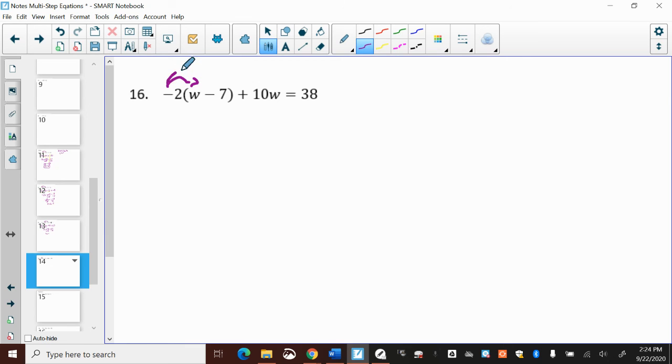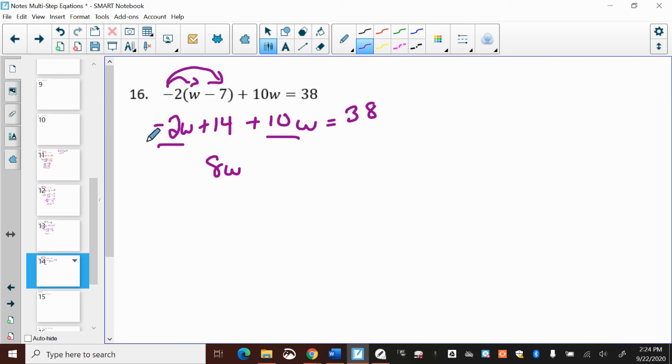Minus 2 times w, minus 2 times negative 7, doing the distribution. Want to combine like terms. Negative 2w, positive 10w, definitely getting positive answers. 2 of the 10 will cancel out, leaving us with 8.